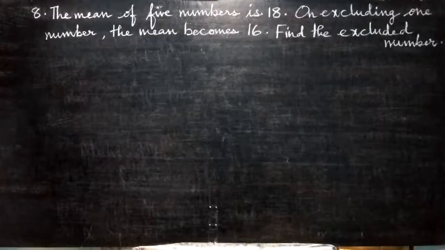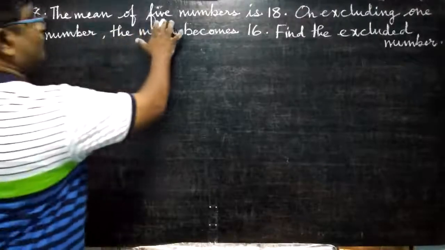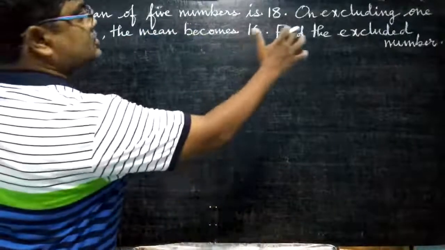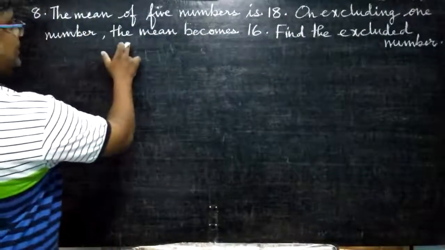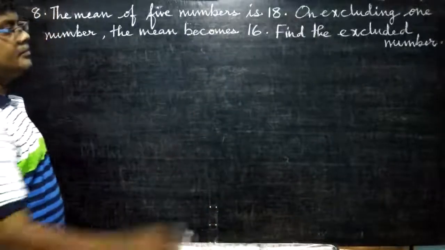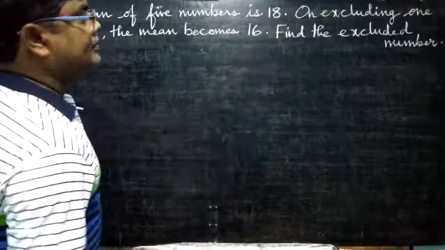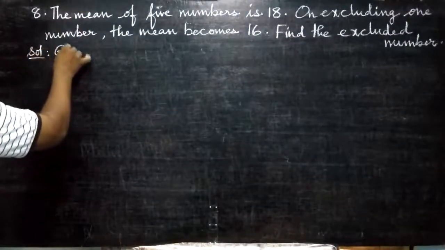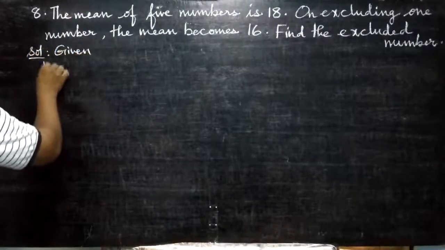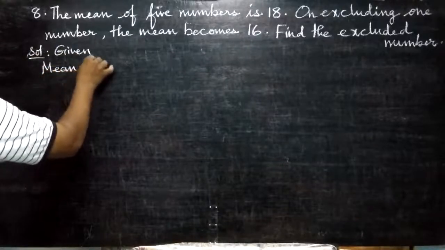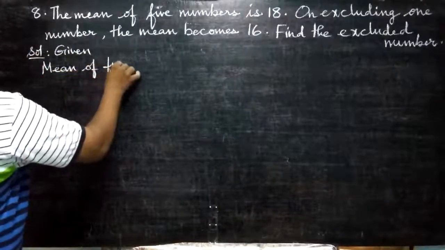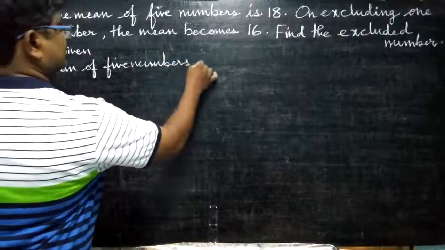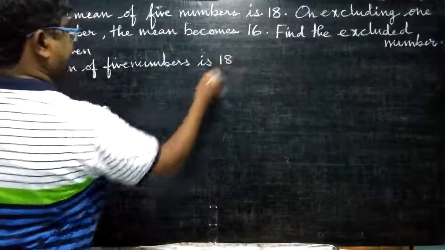Eighth problem. The mean of 5 numbers is 18. On excluding one number, the mean becomes 16. Find the excluded number. Solution. Given: mean of 5 numbers is 18.